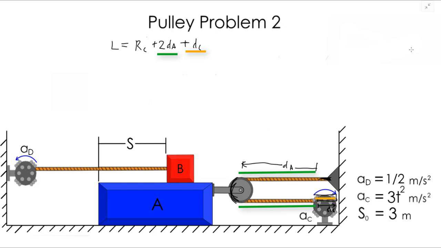Another thing to note about the motors: as you can see, we have these AD and AC set up. Basically we are given the acceleration of our motors. From an engineering standpoint, you're not going to be given that. You're going to be given a torque or something, so you'd have to do some of the forces and everything. In order to simplify the problem and practice the continuity equations, we're having acceleration attached to the ropes.